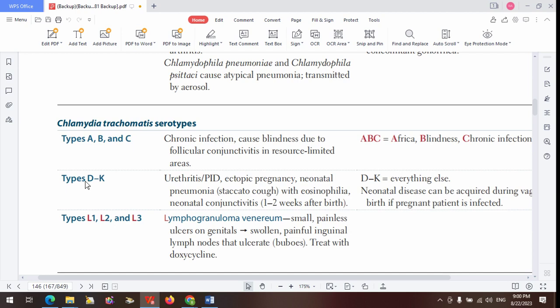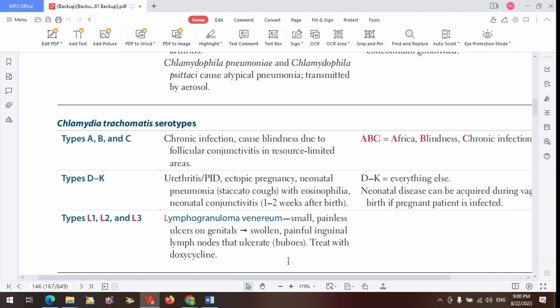But the difference between this and the chancre of syphilis is that when we look at the surrounding lymph nodes, they will be swollen and painful, and they can even ulcerate to form buboes. Another thing that can cause buboes is plague, and we are going to talk about it.